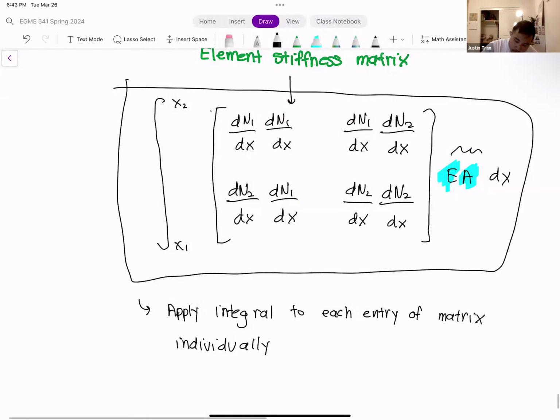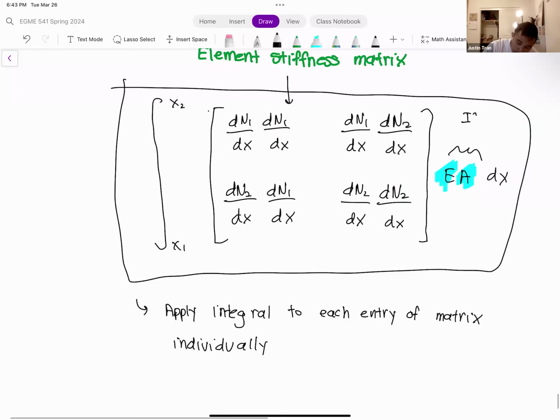If E or A change with x, the most common case is a rod where the cross-sectional area is tapering along the rod. If those things change with x, you need to incorporate that into the integral. That needs to be incorporated into the element stiffness matrix.